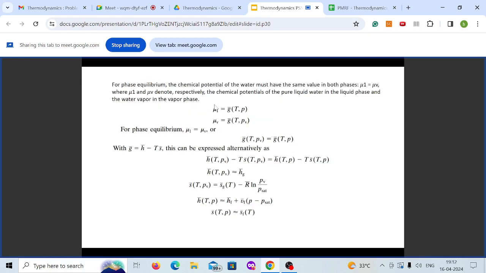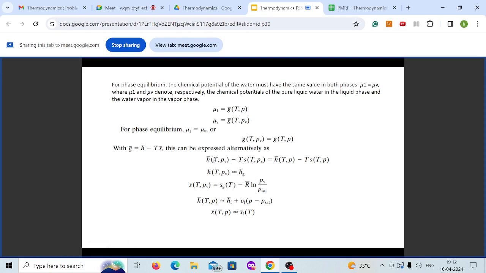So we equated the chemical potential of the water in both phases, and we expressed the specific Gibbs energy in terms of enthalpy and entropy, H minus Ts. So Gibbs energy is nothing but enthalpy minus temperature into entropy.